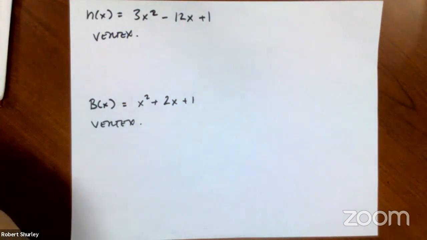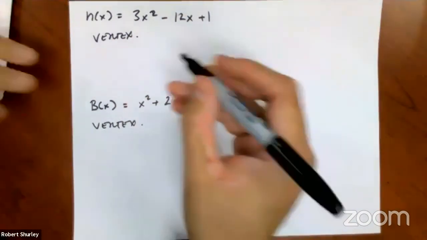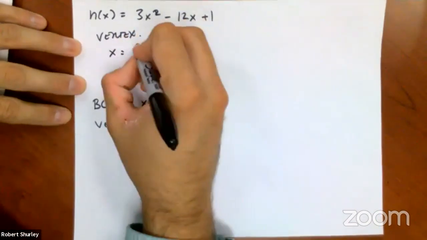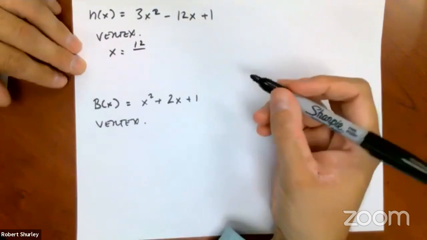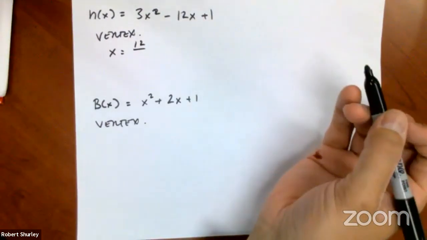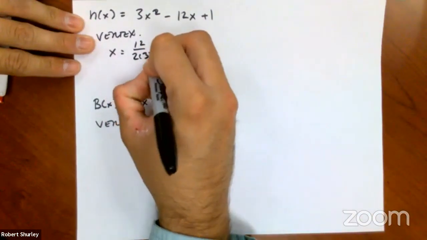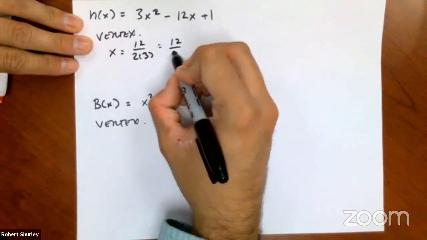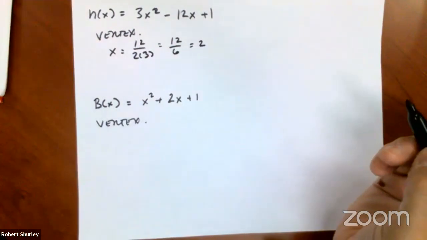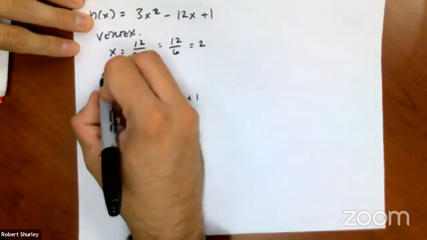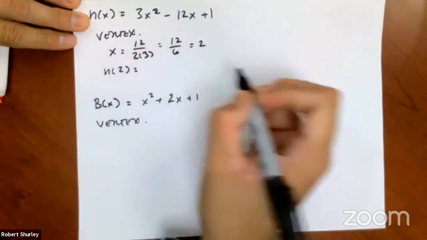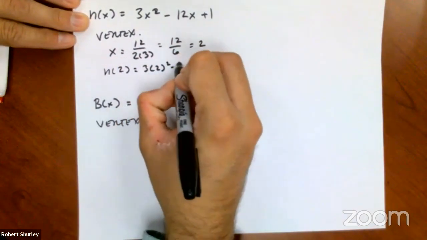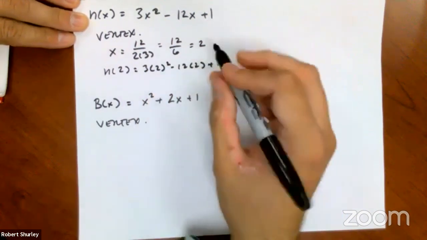Let's rock and roll on this one. So the vertex, let's see, the x value, negative b, look, I'm going to be a little lazy. That's just 12, right? Negative b, negative 12. So it turns out to be positive 12. 2 times a, this is 12 divided by 6. So hey, this one ends up being 2 as well. That was a coincidence. Now I'm going to plug that in to get the y value, right? 3 times 2 squared minus 12 times 2 plus 1.